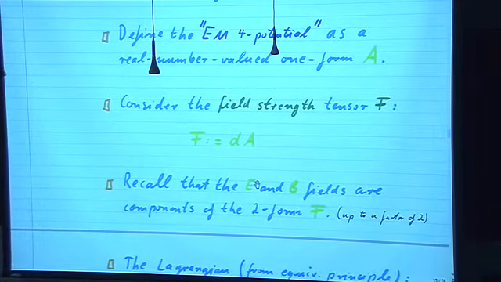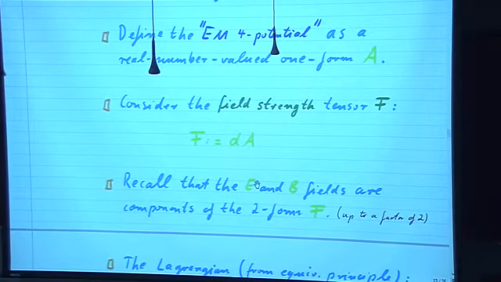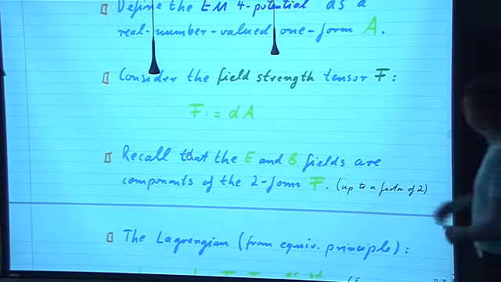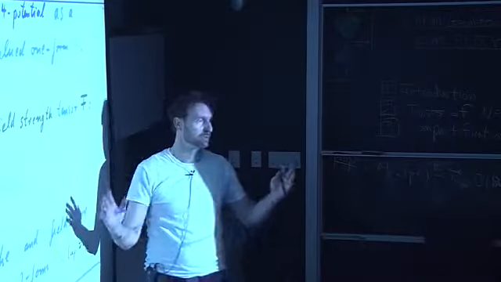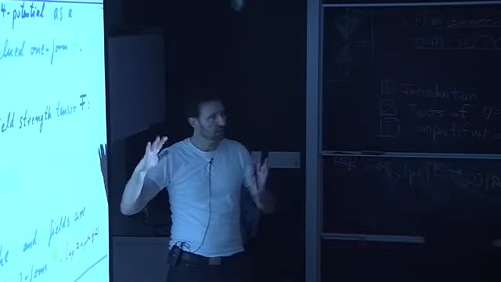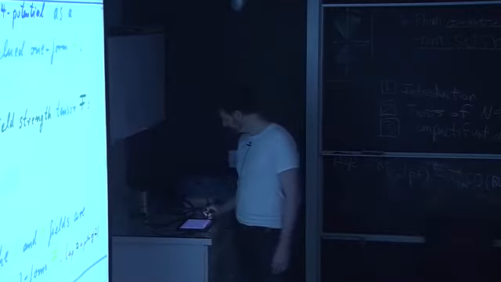So it's a covariant, antisymmetric two-tensor. And maybe you remember, I spelled it out a few lectures ago, how this F looks. It's a 4x4 matrix which has the E fields and the B fields in its off-diagonal elements.